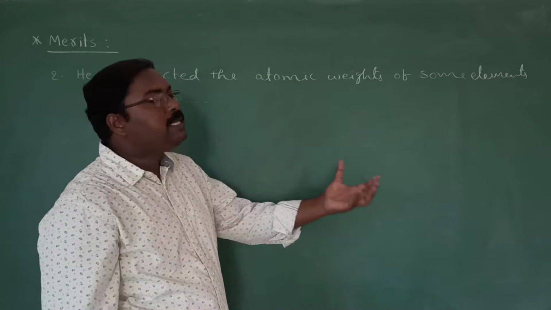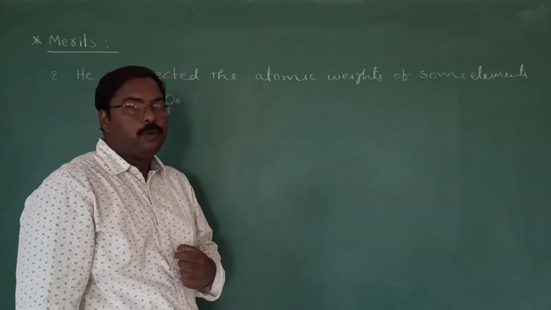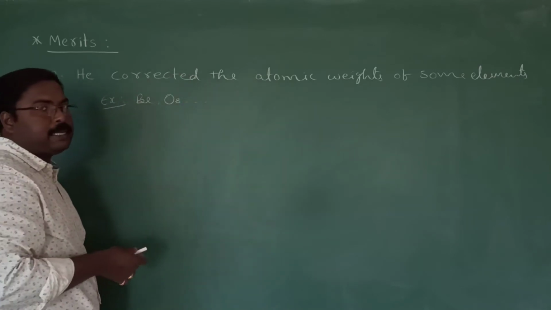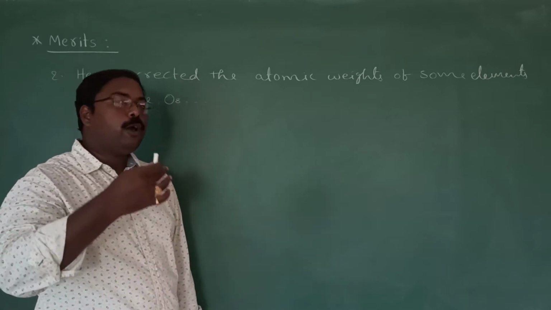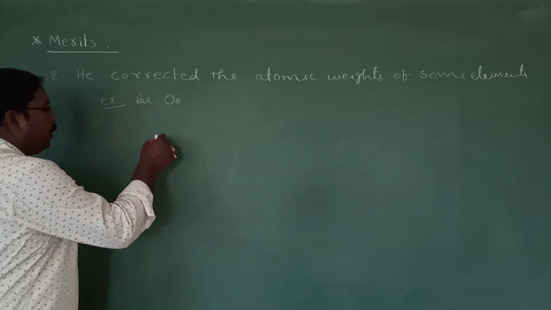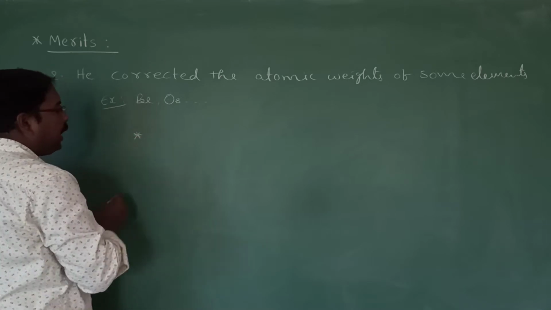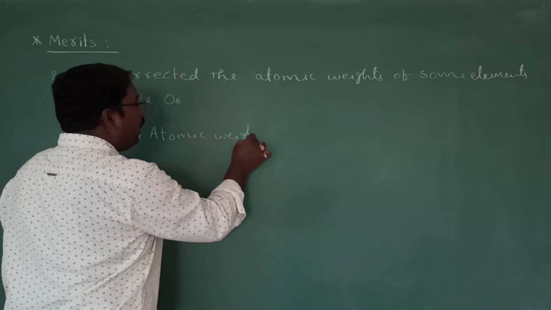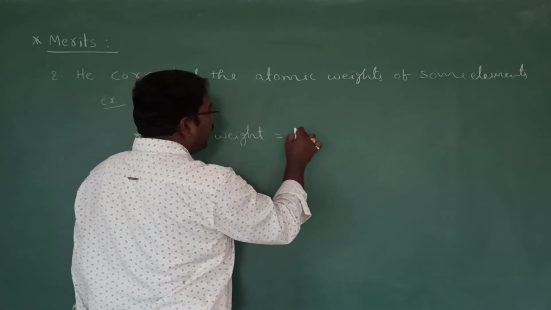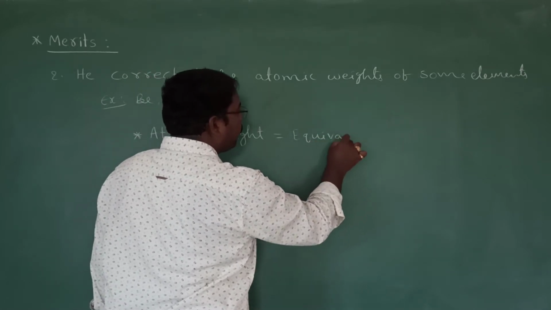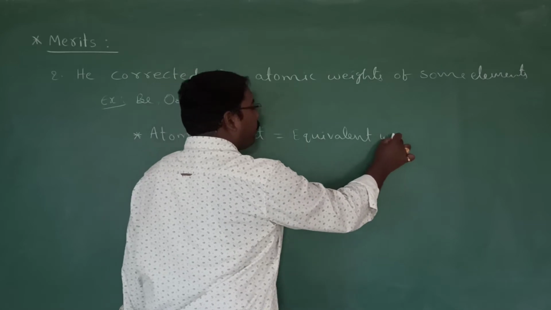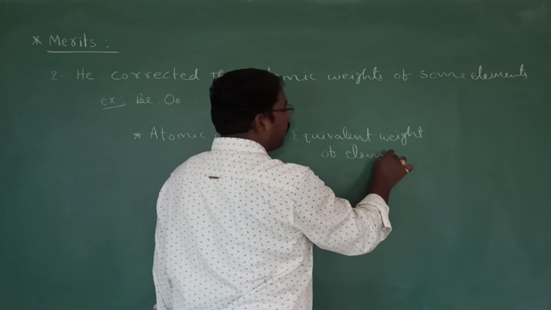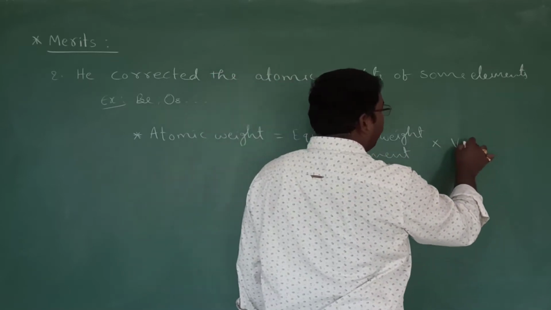On what basis did he calculate the atomic mass? We need to know in what way Mendeleev corrected the atomic masses. Note that the atomic weight of an element is equal to the equivalent weight of the element into its valency.